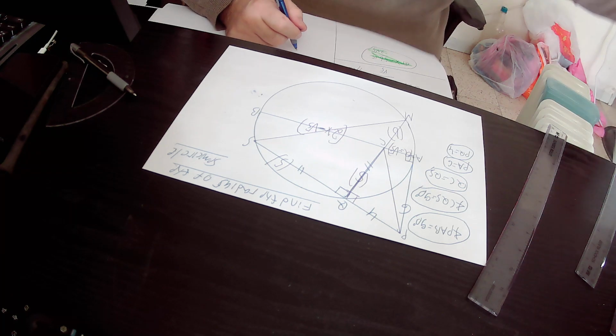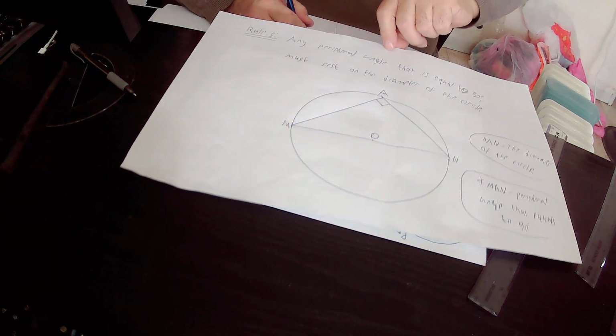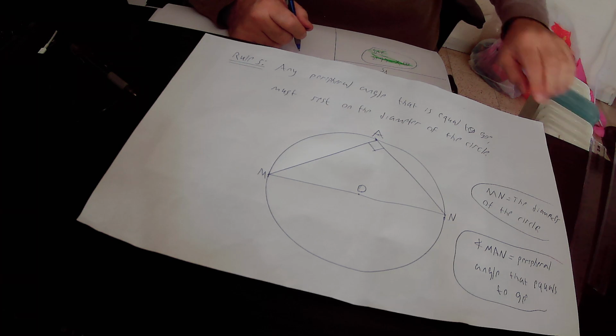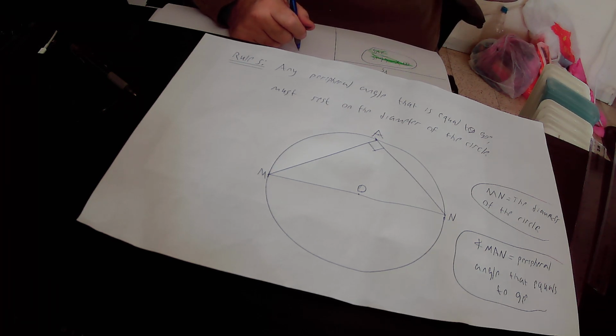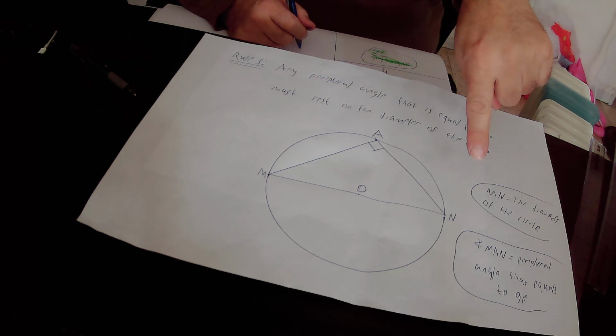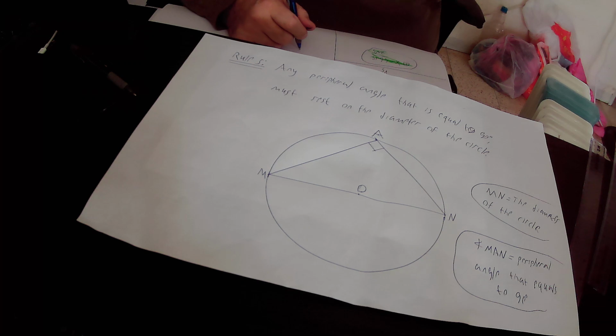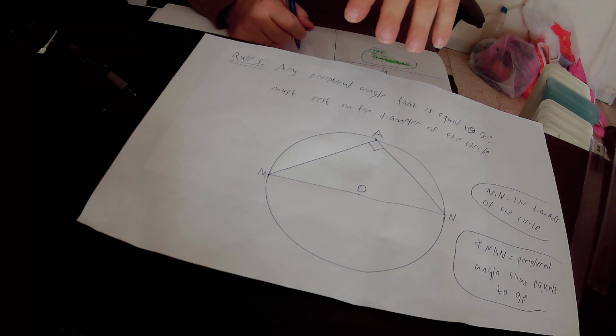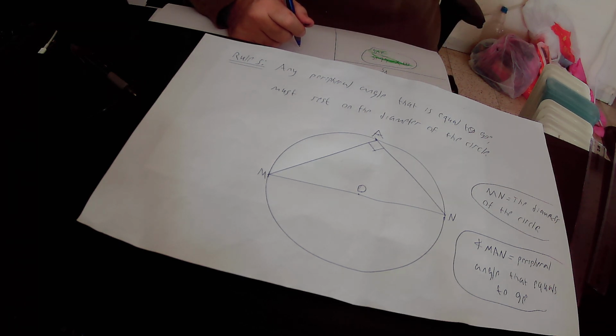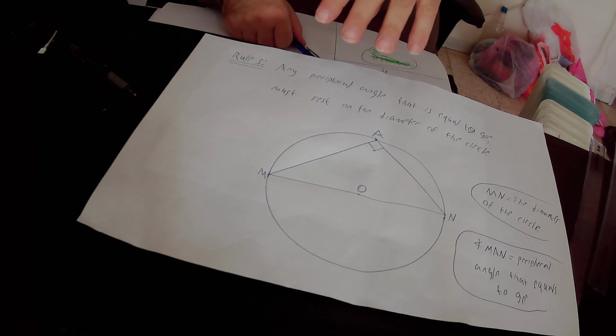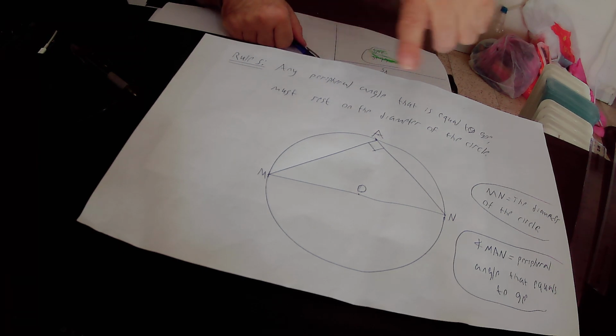According to rule number 5, any peripheral angle that is equal to 90 degrees must rest on the diameter of the circle. Here in the drawing we have peripheral angle MAN. This peripheral angle equals 90 degrees. Therefore, according to rule number 5, MAN must rest on the diameter of the circle. It rests on MN, therefore MN must be the diameter of the circle.